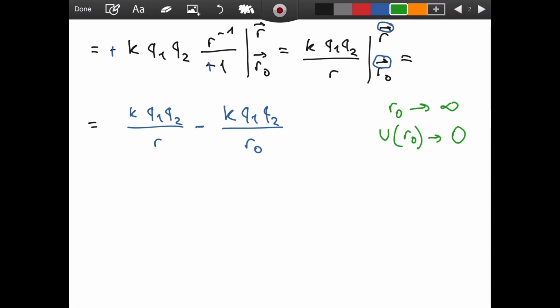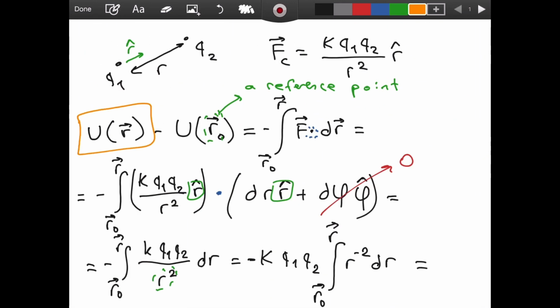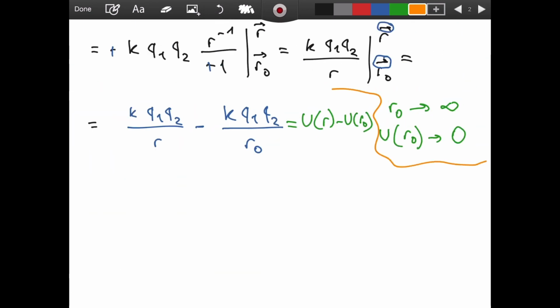So if we substitute this, and remember, this is equal to U(r) minus U(r naught). Let me separate this. We had said it at the beginning. It came from the definition. We just set this U of r naught to 0, and we substituted infinity for this.